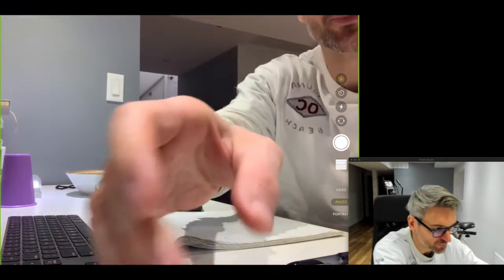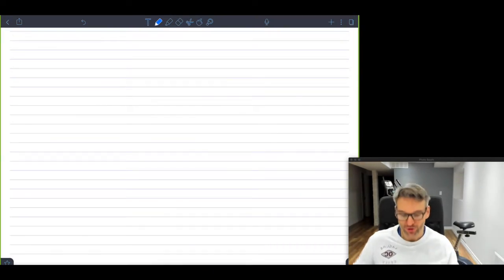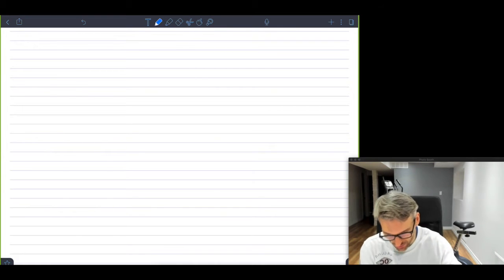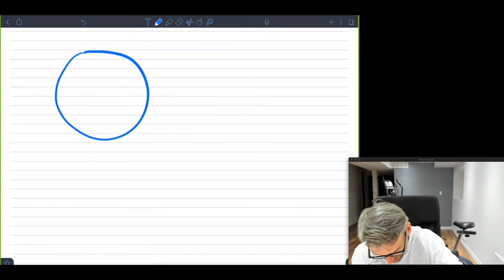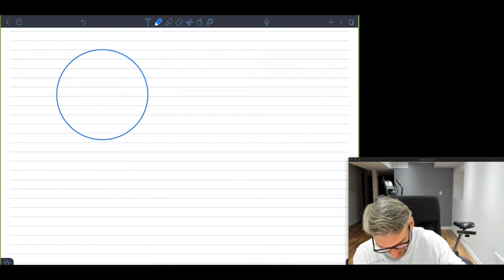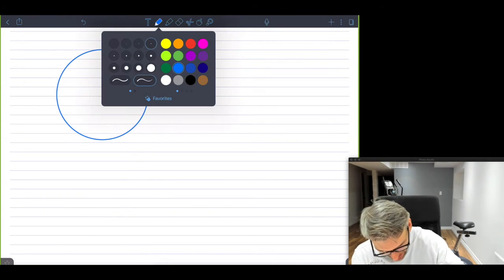So now let me kind of return back here. All right, so returning back, we had a circle, and what I did was I measured all the way around.